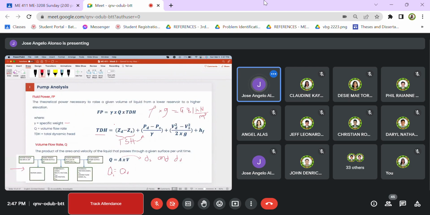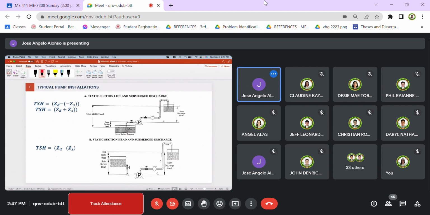So from this equation, total static head is equivalent to C sub D, or elevation at the discharge, subtracted by the elevation at the suction, which is C sub S. So for our example A, this is called the static suction lift submerged discharge. When we're discussing about pumps, our center line or our reference line will be the center of the pump, denoted by CL.